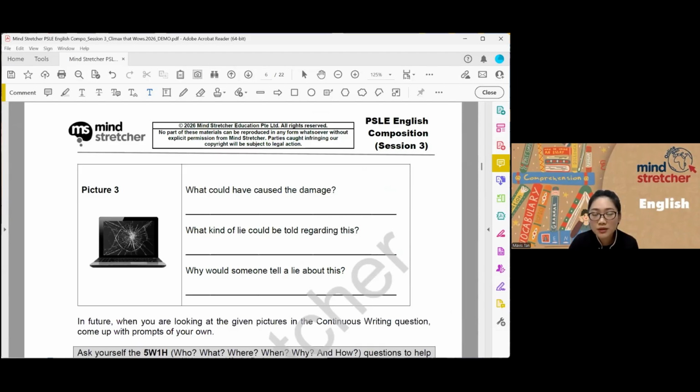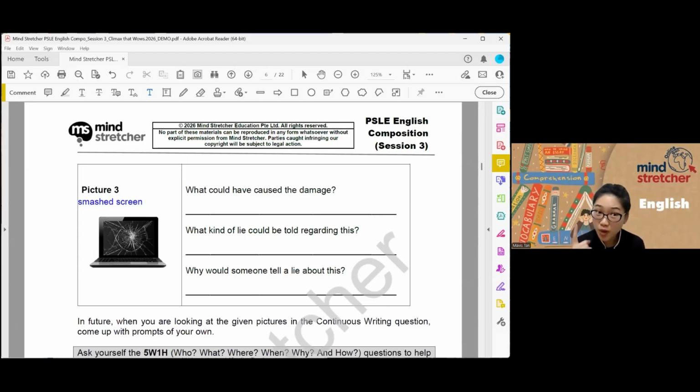And the last one, a lot of you picked this. Tell me then how to link this to a lie. How to link this to a lie? What could have caused the damage? Smashed screen. A smashed screen.